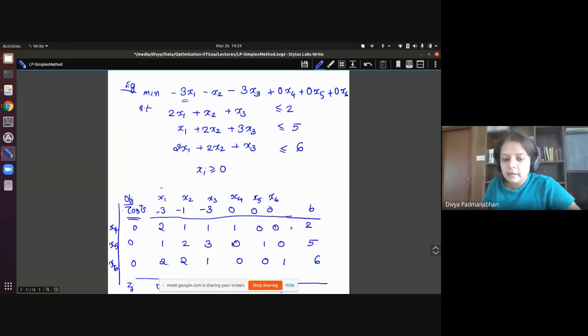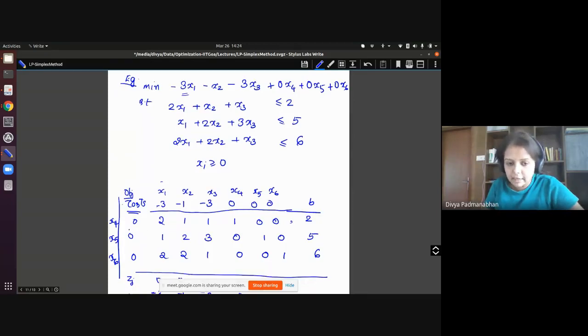And now, as usual, I've just written the tableau. Let's come to the 0, 0, 0 column a bit later. The rest of it, starting from the 2, 2, 1, 1, 1, 0, 0, 2, is the usual tableau that you saw. And then you have 1, 2, 3, 0, 1, 0 corresponding to the second constraint, and so on.